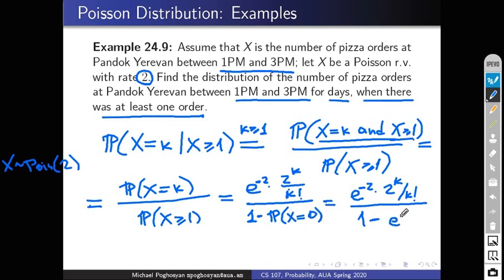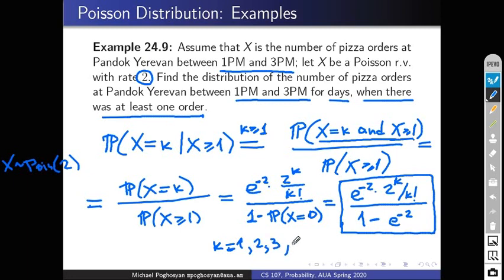So this is the distribution. This is the PMF for this conditional random variable, and K is running from 1. The possible values can be 1, 2, 3, etc.